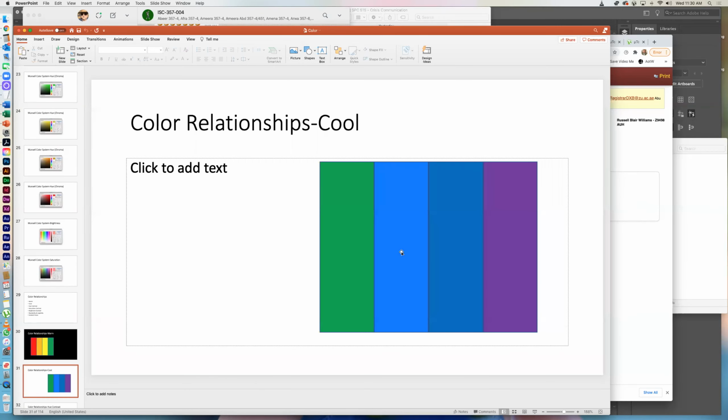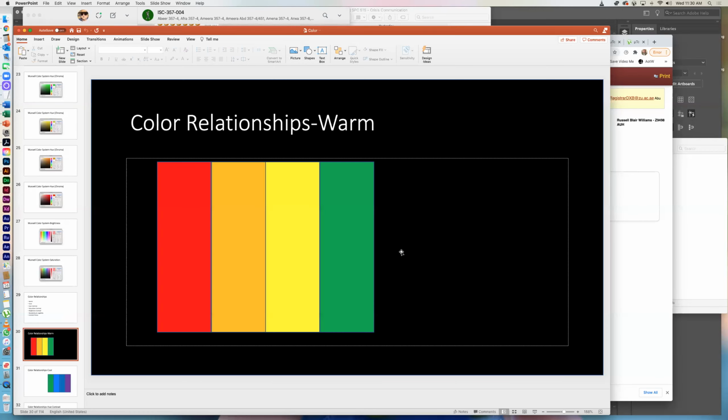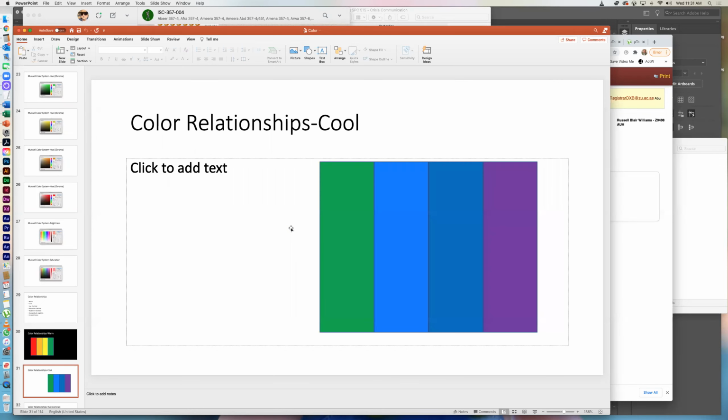So with cool colors, green stays in the middle, and here green stays in the middle. So it can be included either way, but the red, orange, yellow are warm colors. Warm colors move forward. I've put it on black just so you see that. And then when we go down here, these are the cool colors, blue to purple.